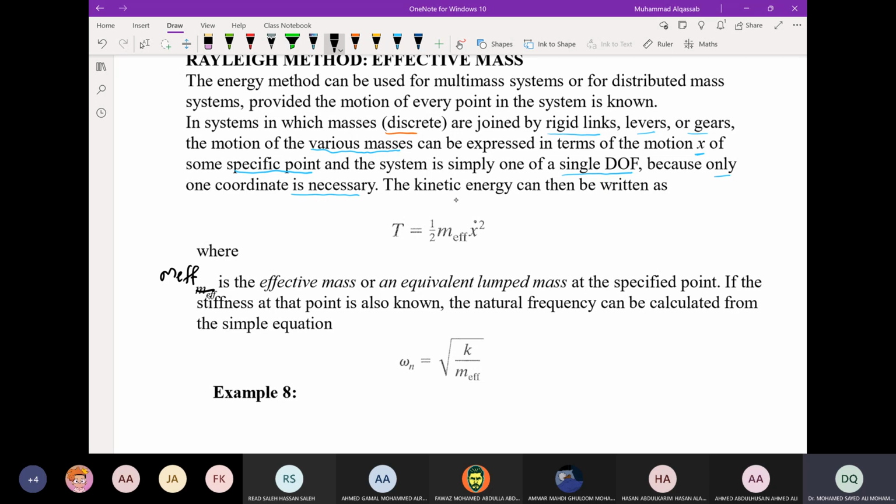If the stiffness is not known, you can use potential energy to find k effective.